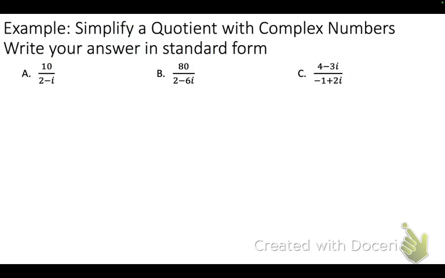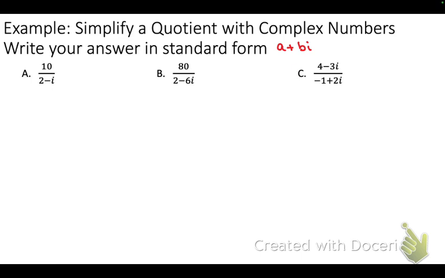So, what you're doing today is you're going to simplify a quotient with complex numbers. Write your answer in standard form. So what is standard form again? a plus bi. Real part, imaginary part. Okay, so I have 10 over 2 minus i.